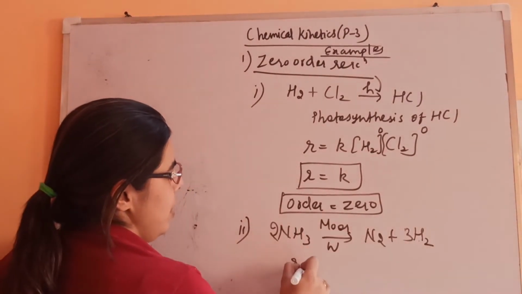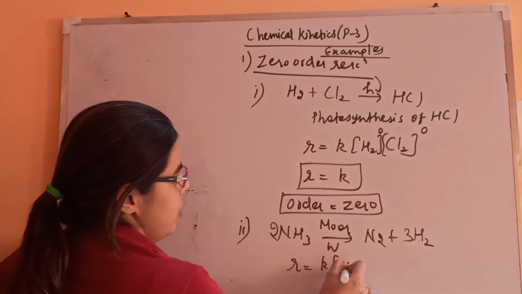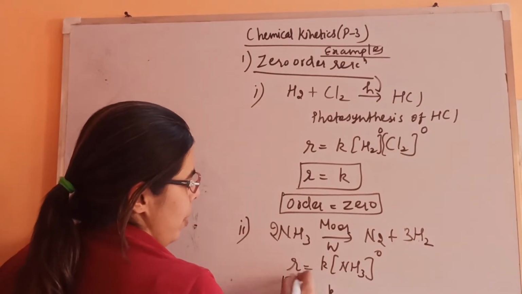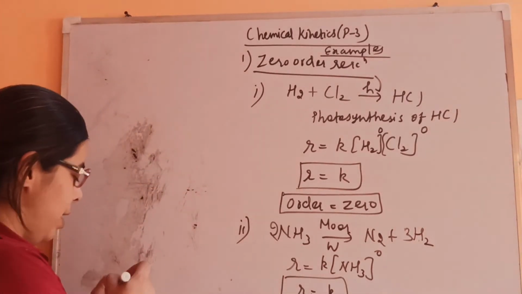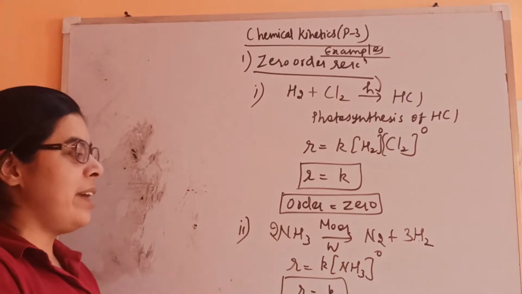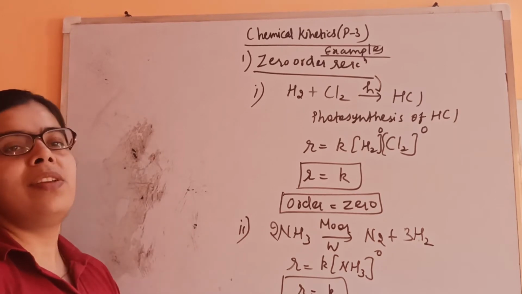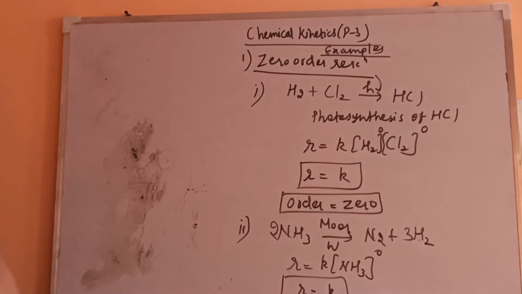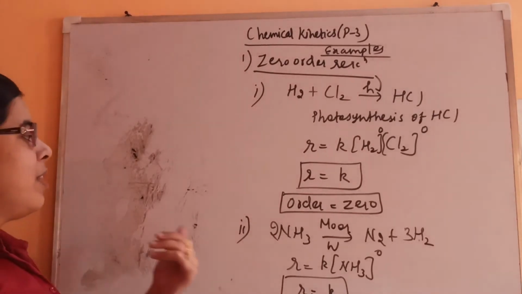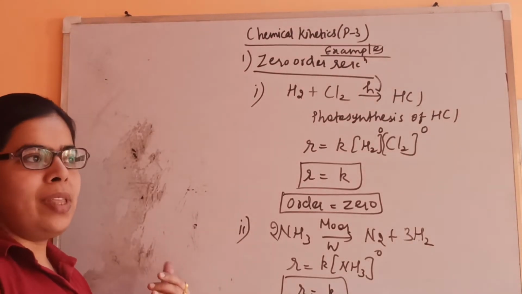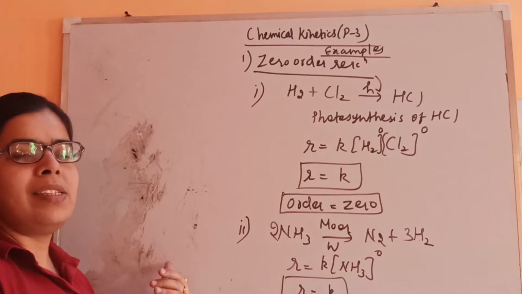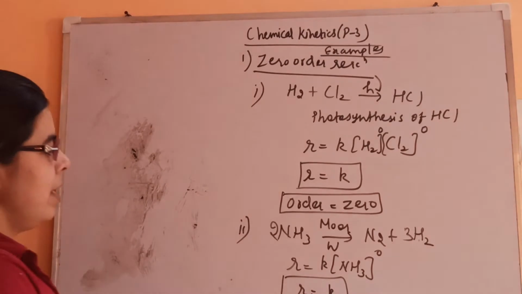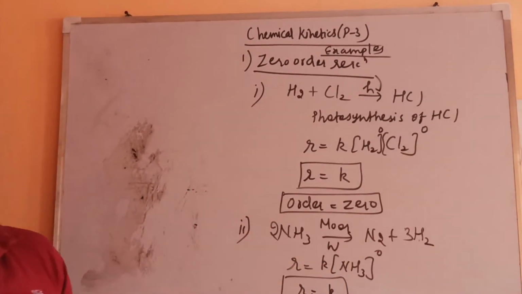This is also zero order: rate is K [NH3]^0. You may wonder why, if ammonia is reacting, the rate of reaction does not depend upon the ammonia. Because these are gases and the reaction is taking place on the surface of the catalyst, so that is almost negligible. Experimentally their order is found to be 0. So this is also a zero order reaction.